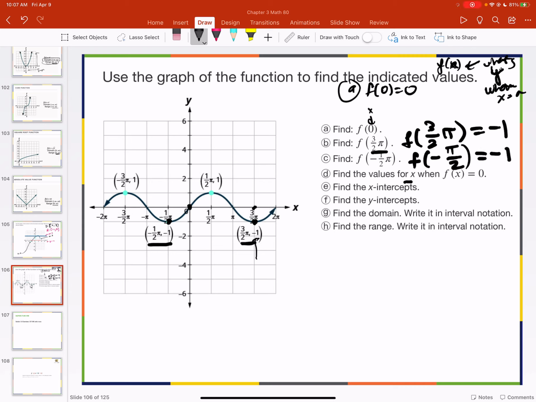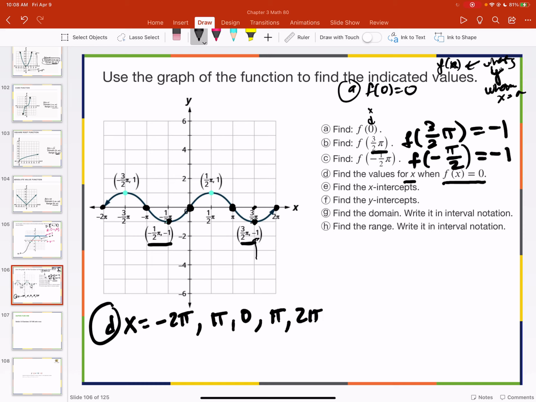Now it says find the values of x when the graph output is equal to 0. In other words, where does the graph cross the x-axis, right? It crosses here, here, here, here, and here. So for D, your x values would be -2 pi, -pi, 0, pi, and 2 pi.